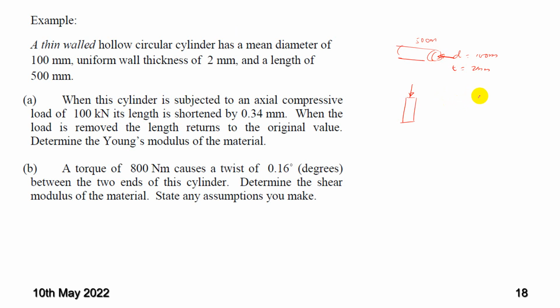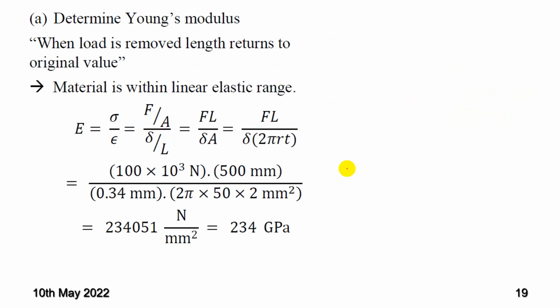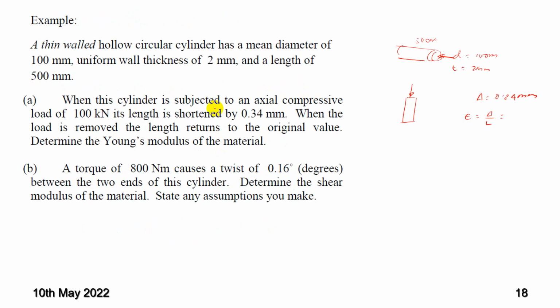So that delta is 0.34 millimeter. Strain is delta over L, and stress is F over A, where F is 100 kilonewton.